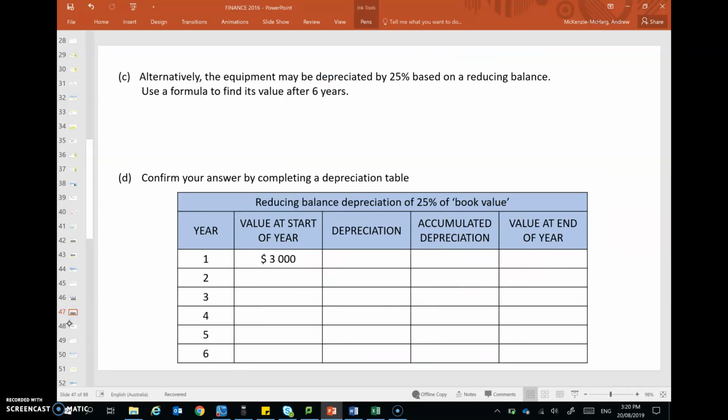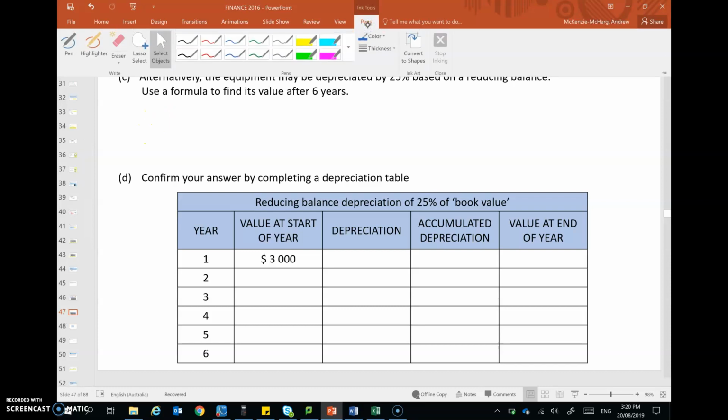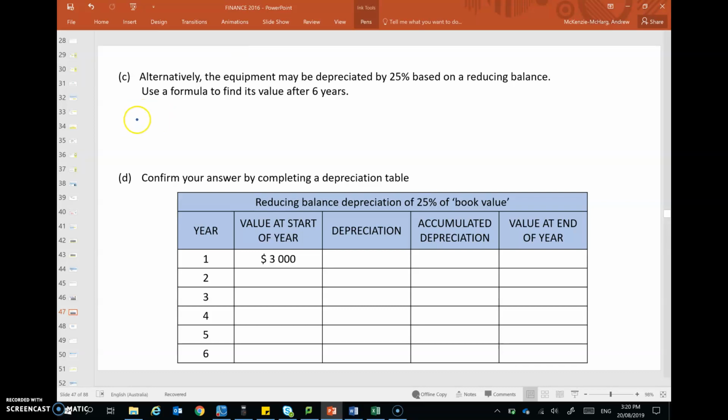Okay, if we were using reducing balance, the formula looks like this, where A equals P times 1 take I to the N. In this case, our rate of depreciation is 25%.